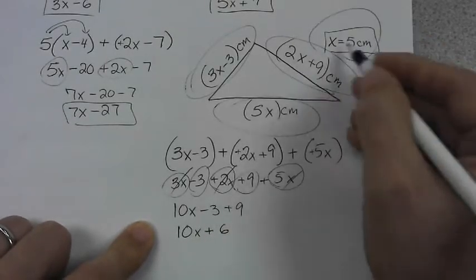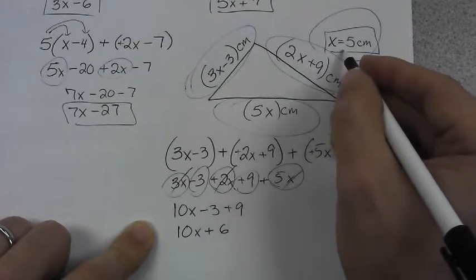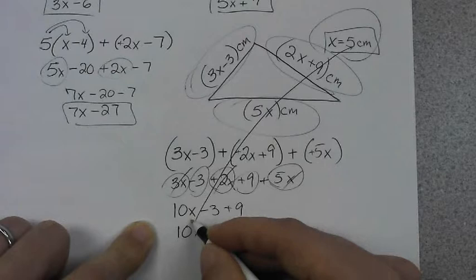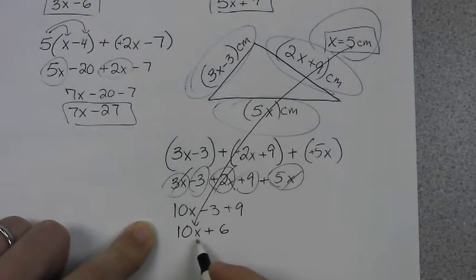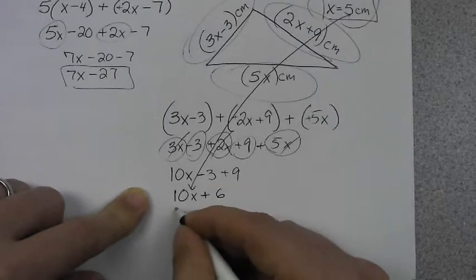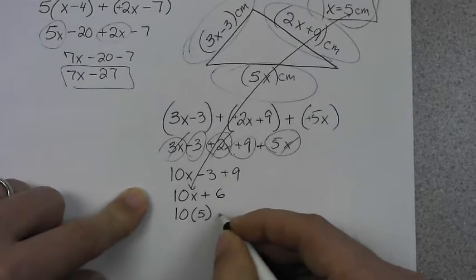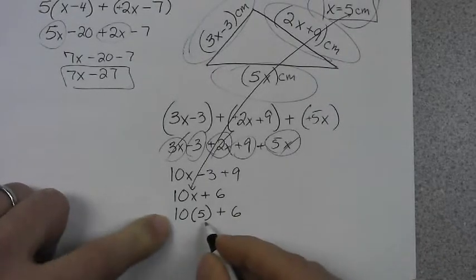And remember up here, the x is equal to 5 centimeters. So what I'm going to do is put this 5 all the way in here for that x. So, 10 times 5 plus 6. Well, 10 times 5 equals 50.